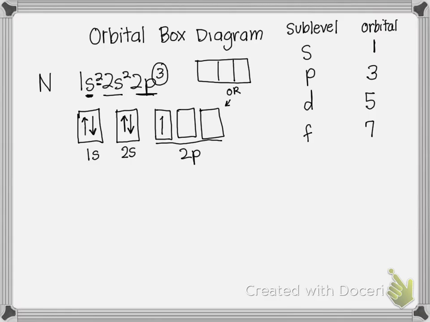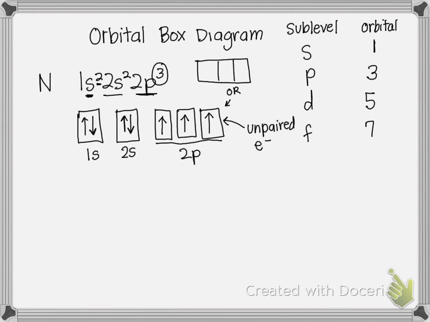So this would be 1, 2, 3. Now, if there was a 4th electron, it would come into the first box again, but there's not. There's just 3 electrons, and these are unpaired. I can draw them full arrows, unpaired electrons.